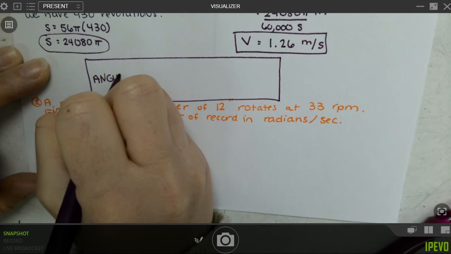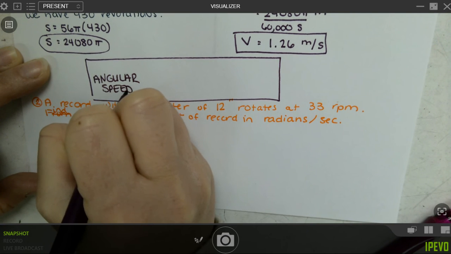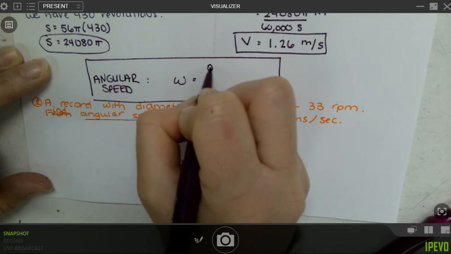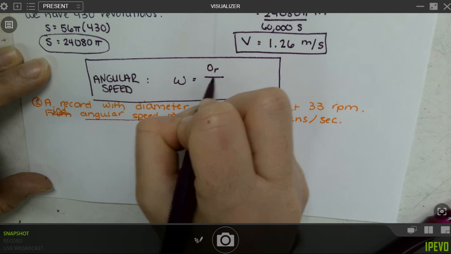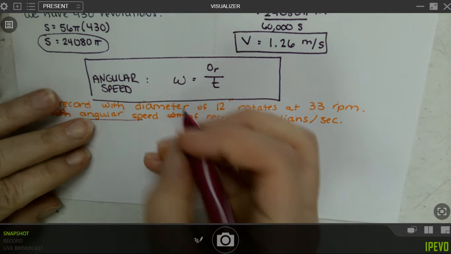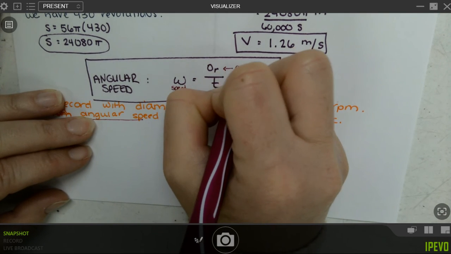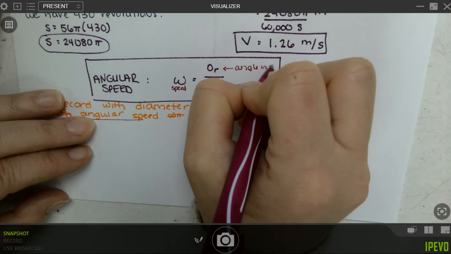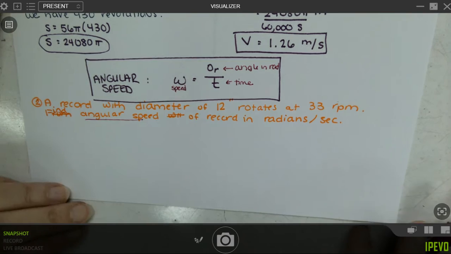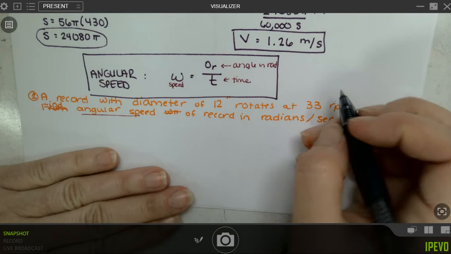Angular speed is the measure in radians over time. So pretty similar: speed, angle in radians, time. All right, so again, let's think about the things that we need. Let's write our formula.